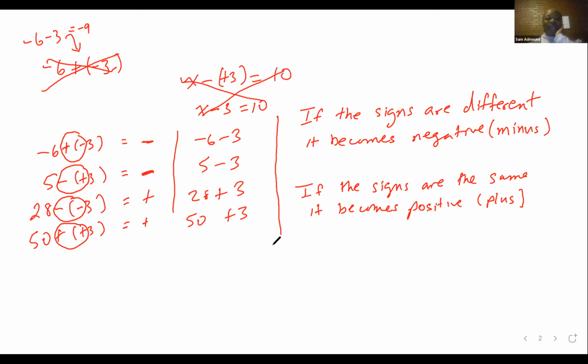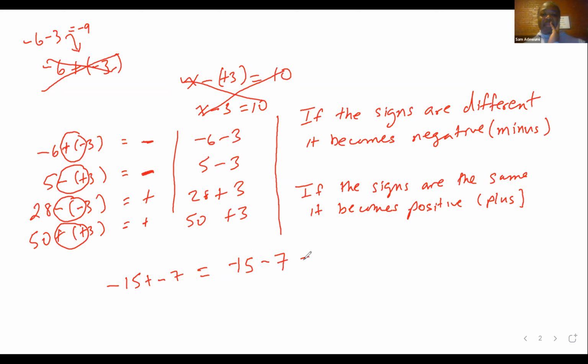All right, so let's go through a couple of examples. Negative 15 plus negative 7. Someone take me through it real quick. So I have the negative 15. What happens to the middle? It becomes a minus sign.